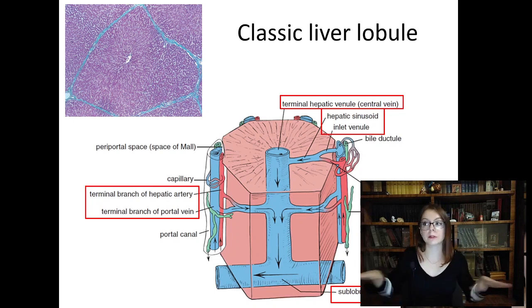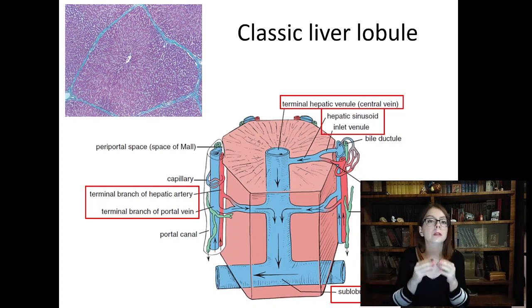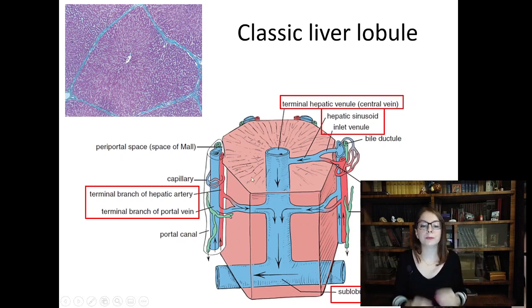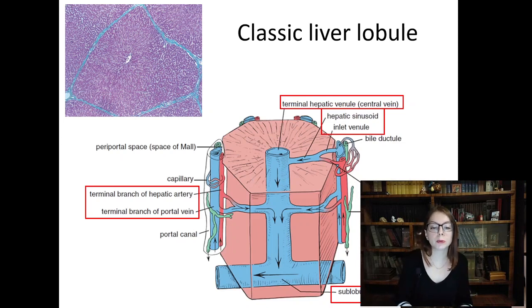So the liver tissue is subdivided into regularly repeated particles, and if we investigate the structure of one of those particles, we investigate the structure and function of the whole organ. That's why this particle is called the morpho-functional unit: the unit which performs the function and represents the unit of the structure at the same time.